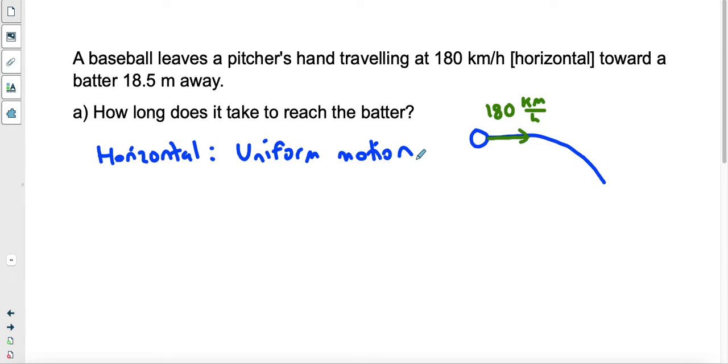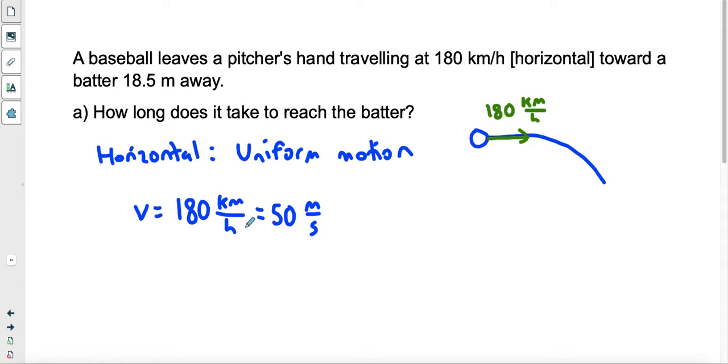So let's write down what we're given. We know the speed the baseball is thrown at horizontally. It's thrown at 180 kilometers an hour, which is the same as 50 meters per second.